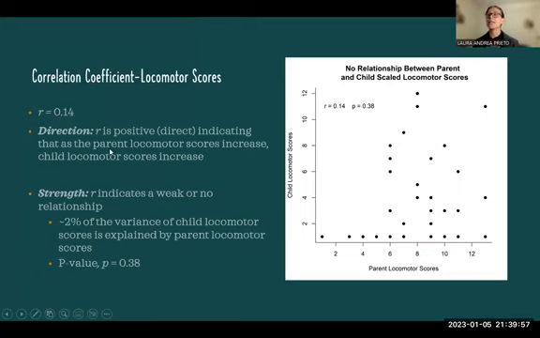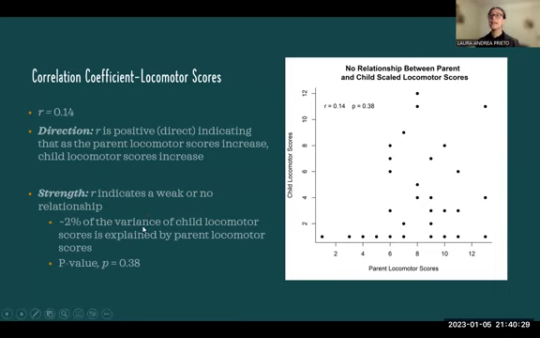The R is positive, or gives us a direct possible relationship, indicating that as parent locomotor skills increase, the child locomotor scores increase. Something to note here is let's really make sure we take a look at this scatter plot and what it looks like here. And then when we think about the strength of the relationship, R indicates a weak or no relationship as determined by that rule of thumb table.